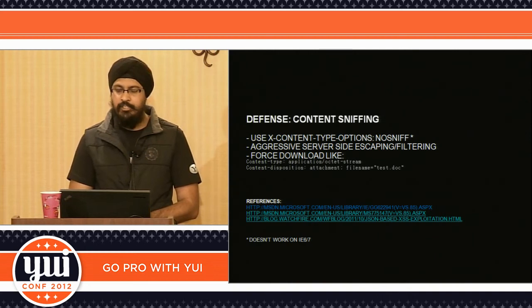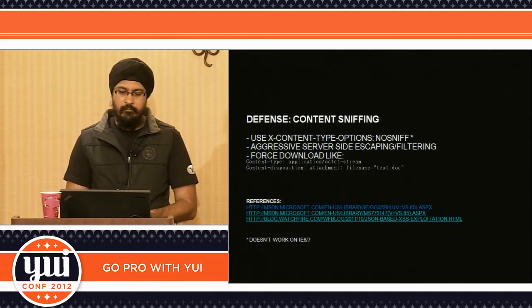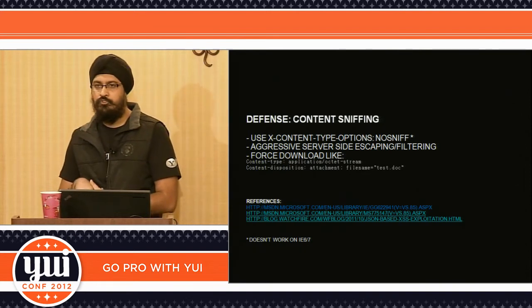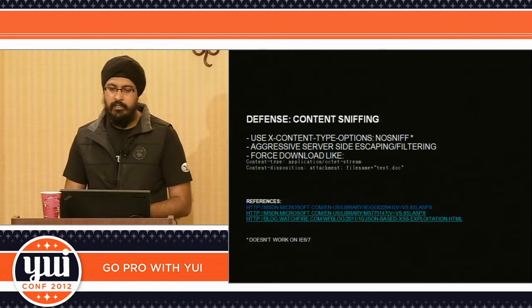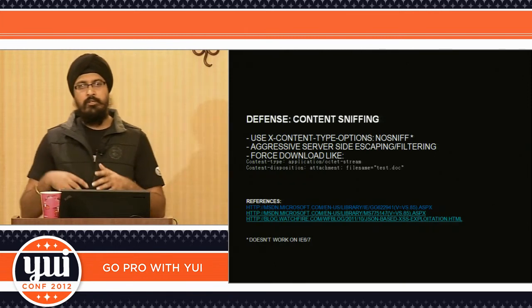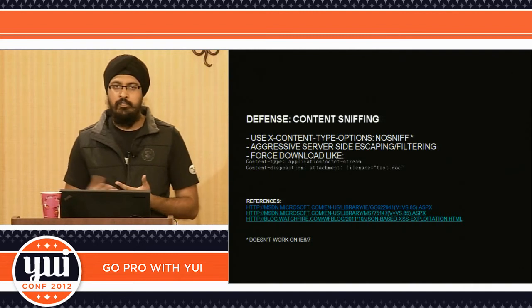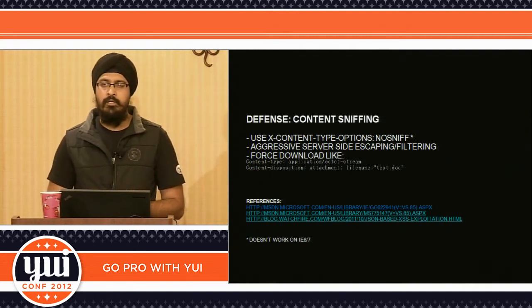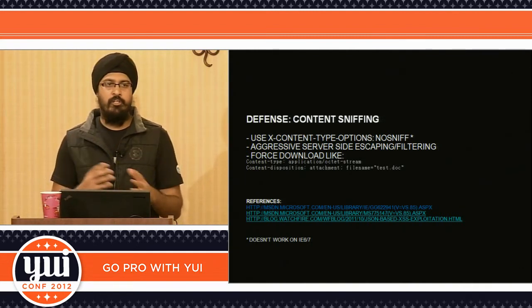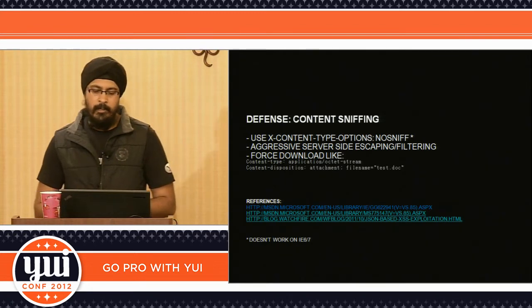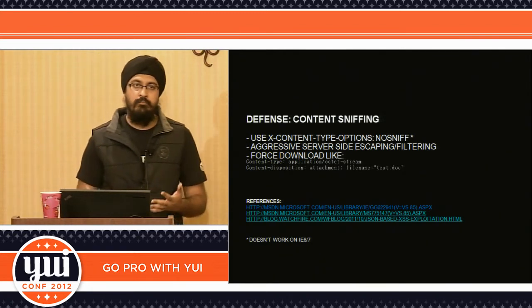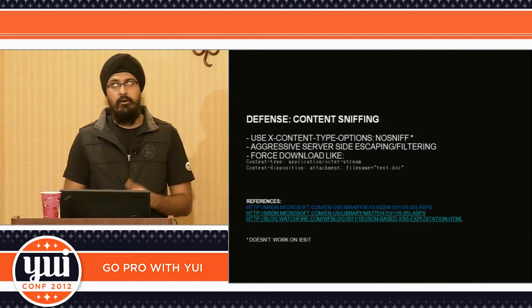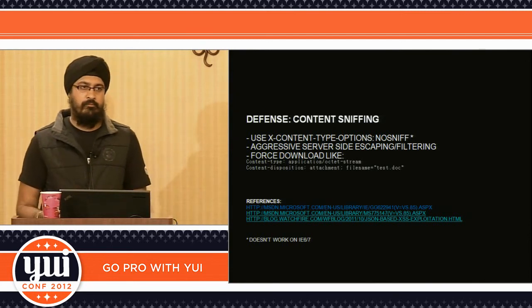Now, the catch here is this will not work within IE6, IE7, and they are still going strong. So what you could do is strong filtering at the server side. Now, I've not covered all the demos for IE and other browsers. As it turns out, you have lots and lots of edge cases all across. You can even have an image being downloaded on IE6 which can execute JavaScript.